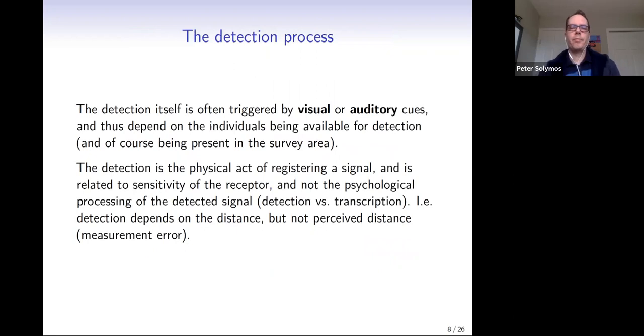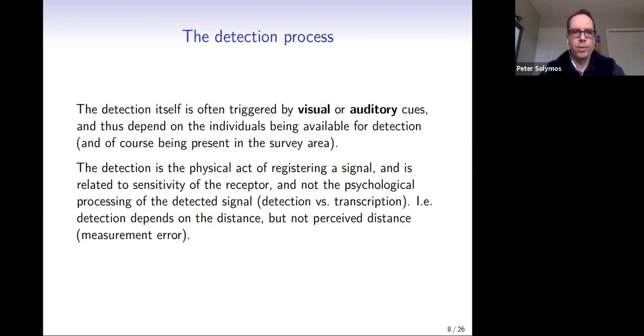So then this whole detection process is often triggered by these cues, visual or auditory cues. So it depends on these individuals being available for detection.